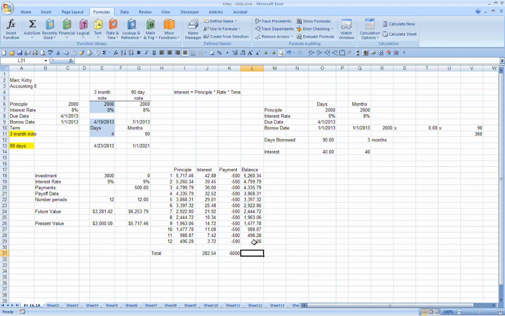But it also serves to confirm that what we did over here, if I borrow $5,717, this number here, and I make $500 payments for 12 months at 9%, I pay off the loan. So we could use Excel to calculate these tables for us, and the payment amount that needs to be made.